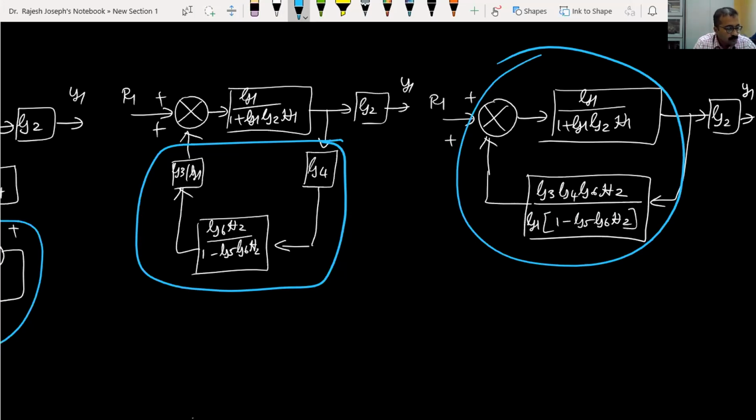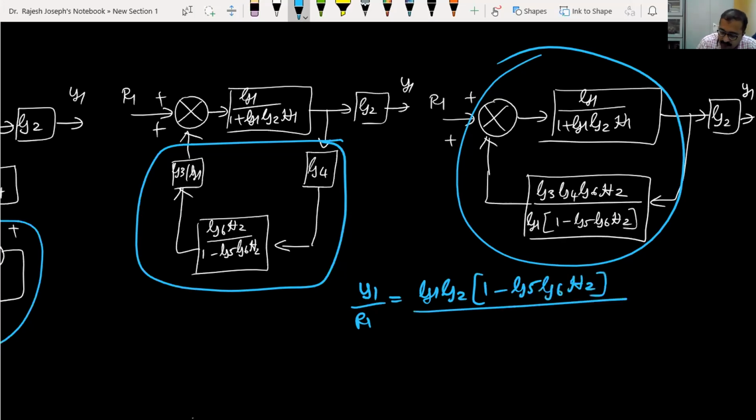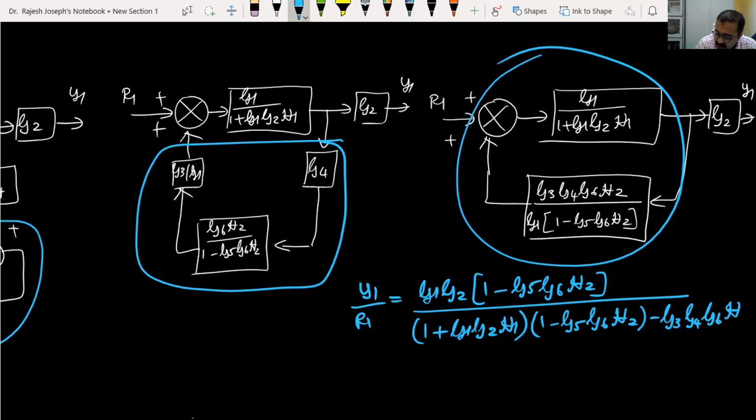So when you do that, you will get the final answer as Y1 by R1 equal to G1, G2 into 1 minus G5, G6, H2 whole divided by 1 plus G1, G2, H1 into 1 minus G5, G6, H2 minus G3, G4, G6, H2.